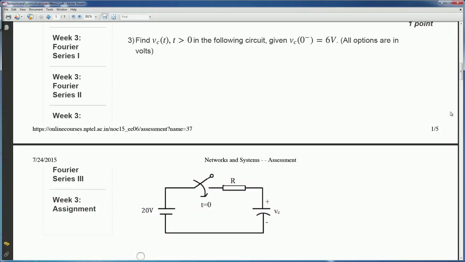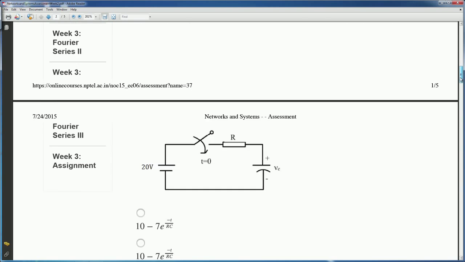There is a resistor R and a capacitor C. Okay, and the question says Vc of 0 minus, the voltage across the capacitor just before the switch got turned on, was 6 volts, and the battery is 20 volts, etc., and you are supposed to find Vc of t, which is the voltage across the capacitor as a function of t for t greater than 0, and write the answer. So, this requires a solution.